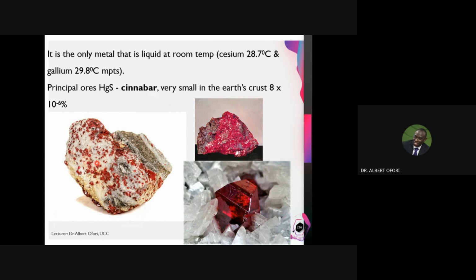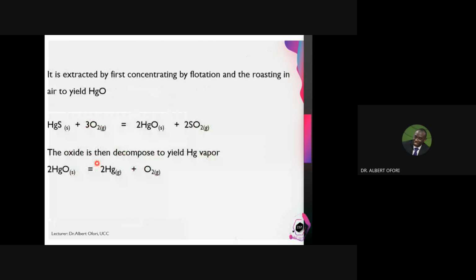That's the original form of mercury in its ore form, and that's how we mine mercury. So we mine mercury in the cinnabar form, the reddish crystals that we see. And then we extract it by flotation and then by roasting.